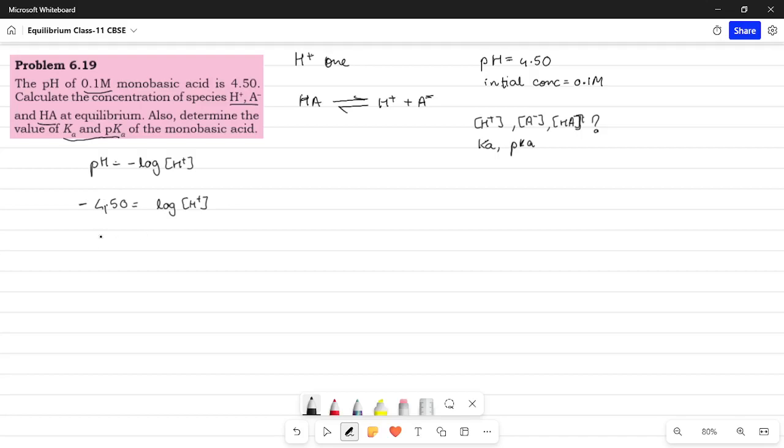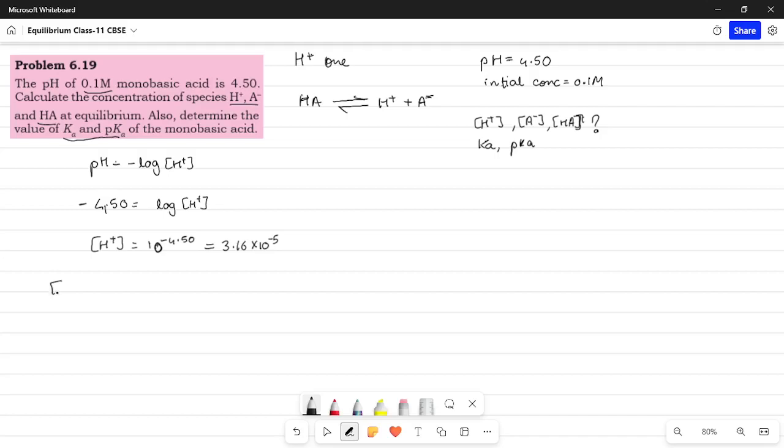When we take the anti-log, the concentration of H plus is equal to 10 to the power minus 4.50. This is equal to 3.16 into 10 to the power minus 5. So this is the concentration of H plus.